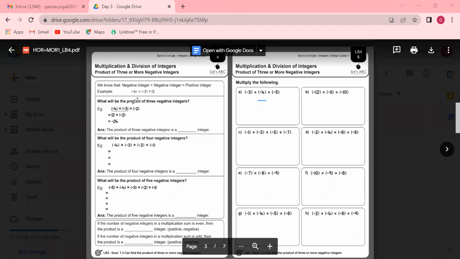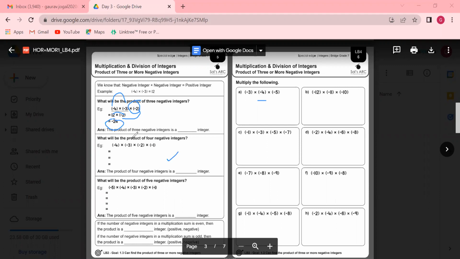Forget this -2. First, just take these two numbers. So 4 into 3 will become 12, and minus into minus is plus. We saw last time, right? That becomes plus 12. Now take the number that was left out, the number which we had not taken. Then this is 12 into 2, 24, but 12 now is plus and this is minus. So plus into minus is minus. The answer will become -24.